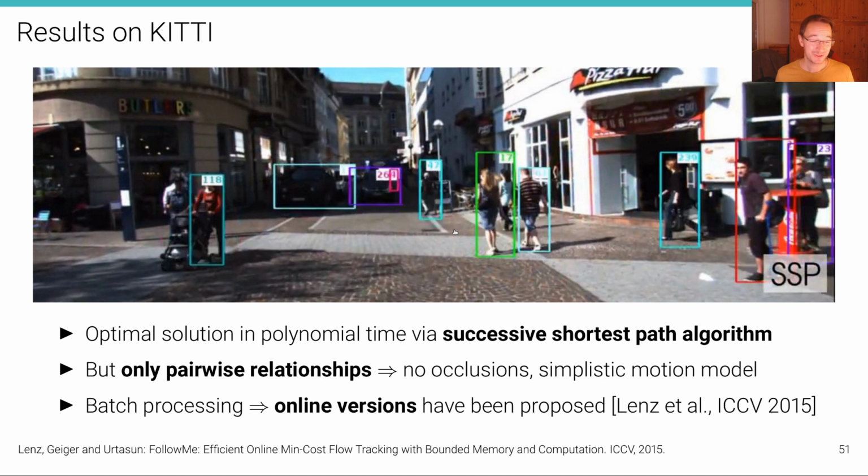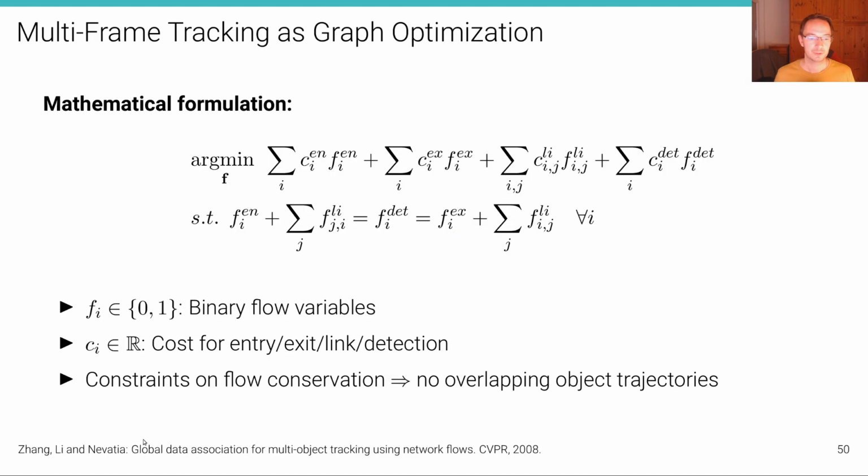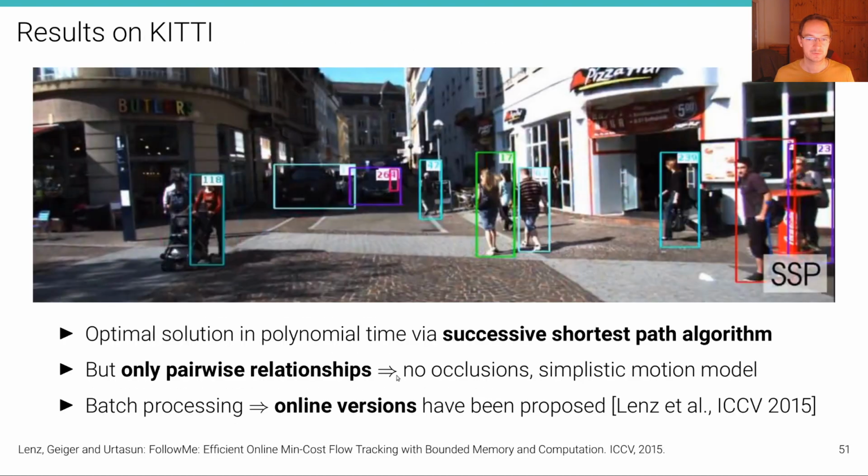The optimal solution of this problem can also be found in polynomial time through an algorithm called the successive shortest path algorithm. Actually, in the original work, Zhang et al. didn't use that algorithm, but in later works, it has been found to be the fastest algorithm for this problem. However, we are only able to model pairwise relationships with this algorithm.